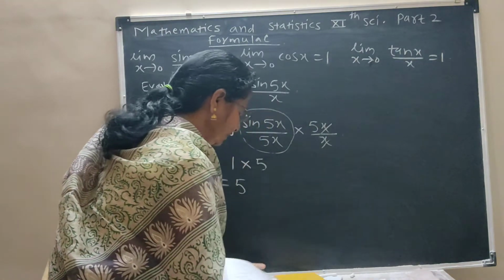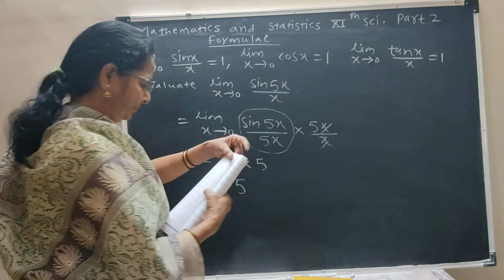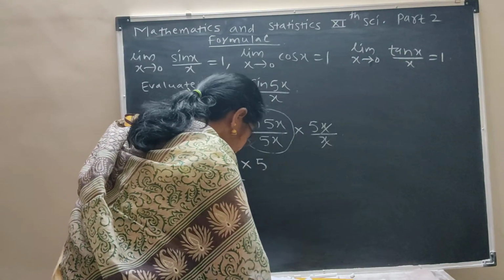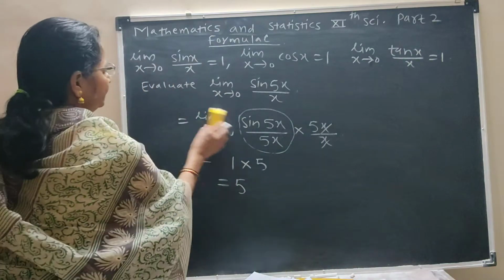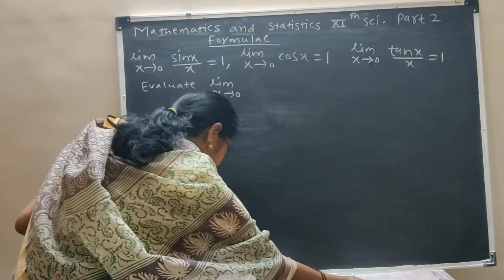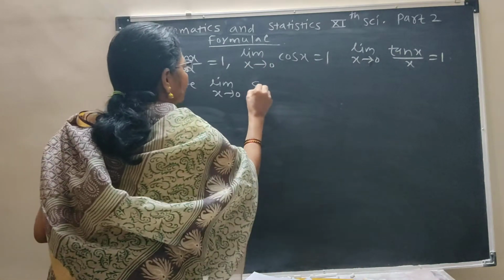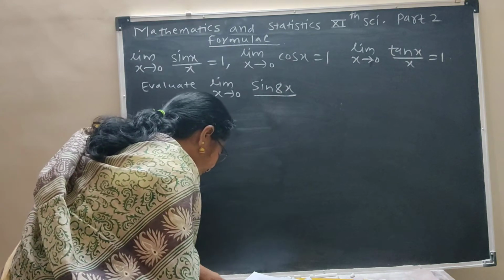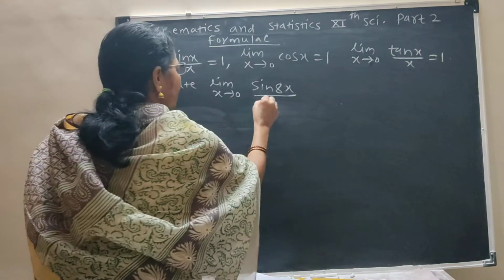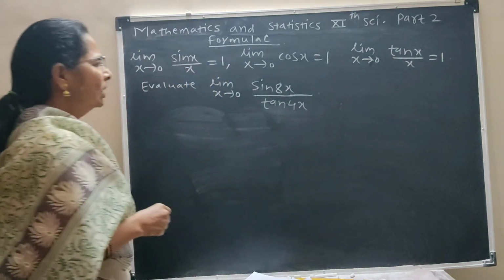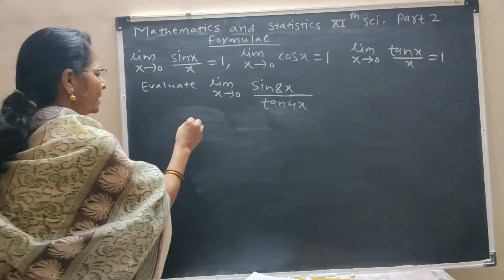Next is a question. Limit as x tends to 0, sin 8x upon tan 4x. So solve the numerator and denominator separately.